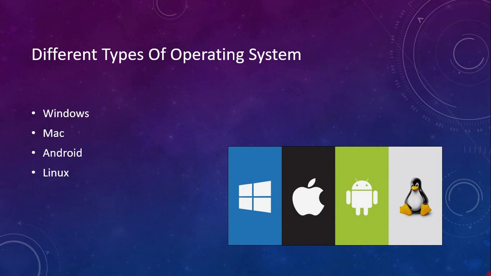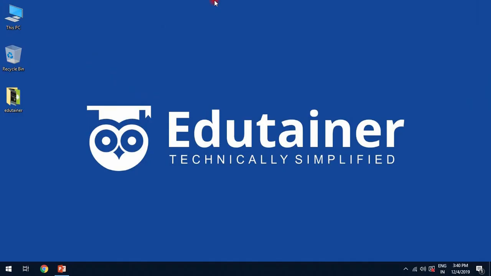Now let's move to the icons, or I will be telling you some of the functionalities of Windows because Windows is mainly used at a very large scale. So you can see this is a complete desktop, or whenever you're opening Windows. I'm using the platform of Windows 10, so Windows 10 looks like this. This is the wallpaper that we are having, and we are having our logo, that is Edutainer, that is technically simplified. These are the icons that you're having over here.